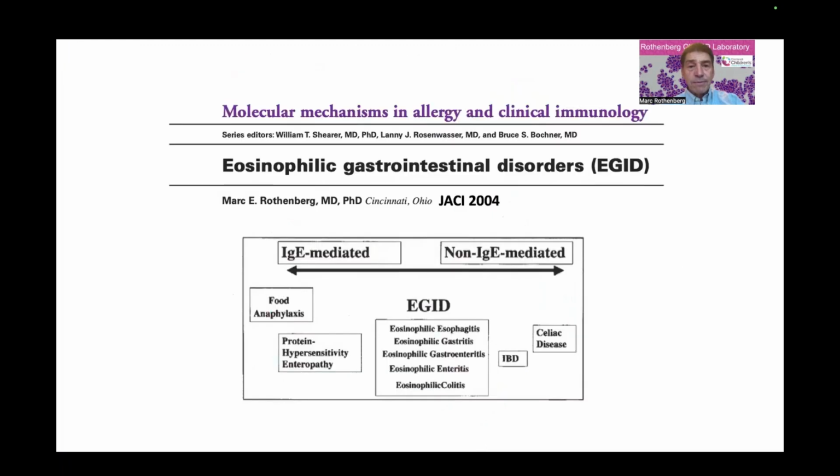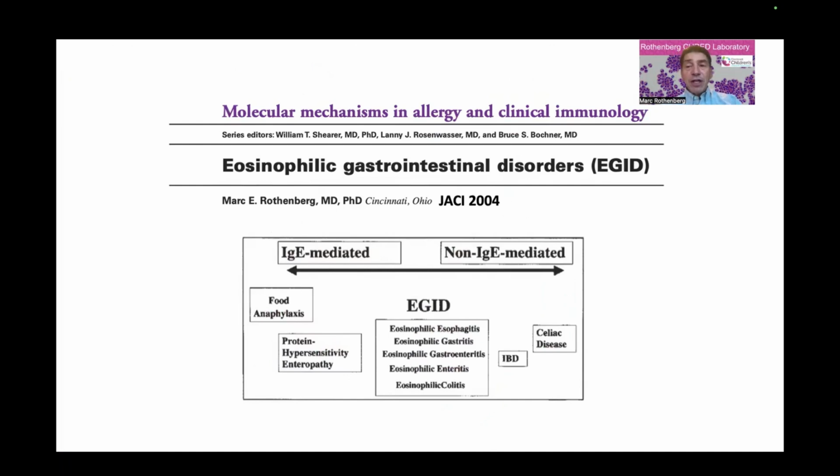A number of years ago, 22, I described the whole family of eosinophilic GI disease researchers and coined the acronym EGIDs. Importantly, at that time, we classified EGIDs as being intermediate spectrum between pure IgE-mediated disease, such as food anaphylaxis, and a non-IgE-mediated immune disease, such as celiac disease.